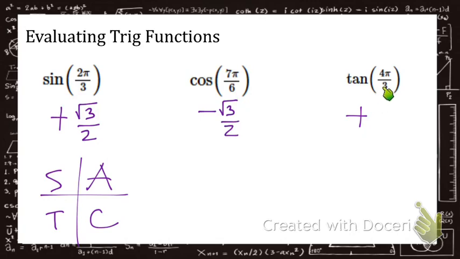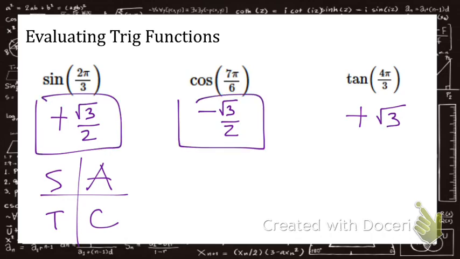And last but not least, if I hold down my pi over 3 reference angle and look at tangent, which is on the back of your left hand, and again, this makes no sense if you have no idea what I'm talking about, so I'll explain it in class, but that would be radical 3 over 1, so just radical 3. So, like I said, pretty easy to figure out the trig ratios without needing to have a unit circle. I will definitely teach this to you because I strongly recommend knowing it for all of our tests and the AP test.